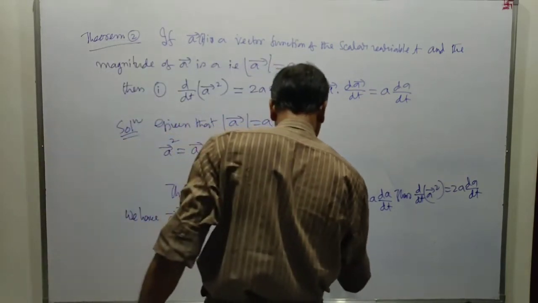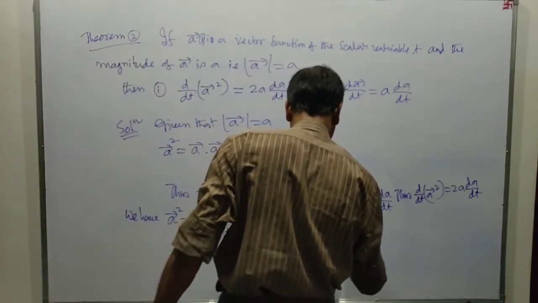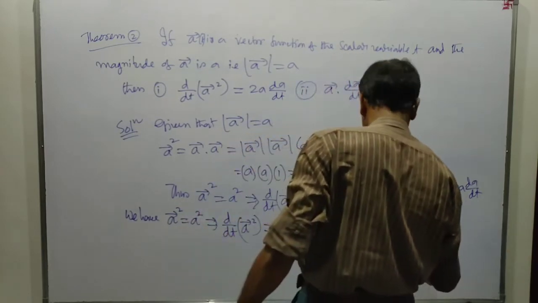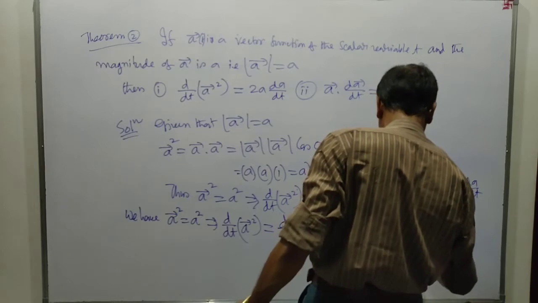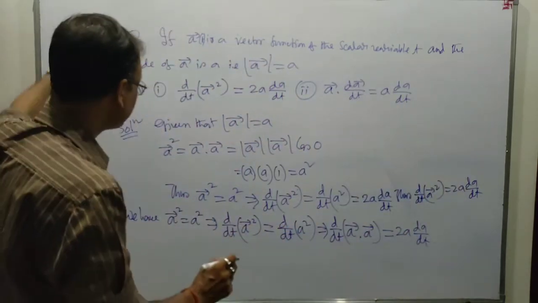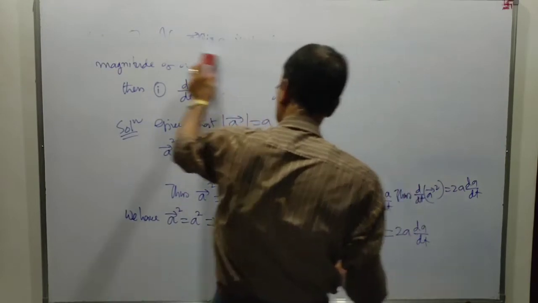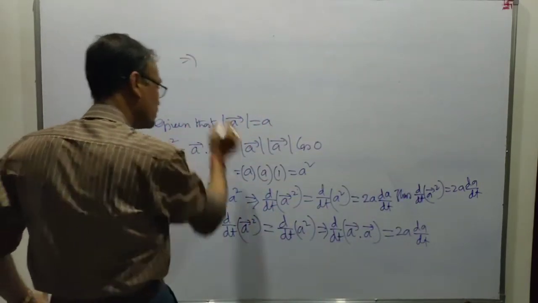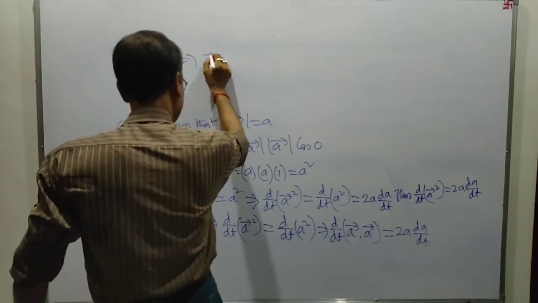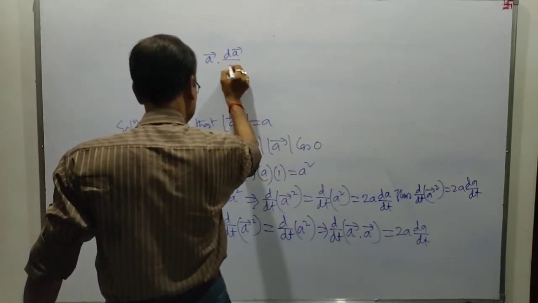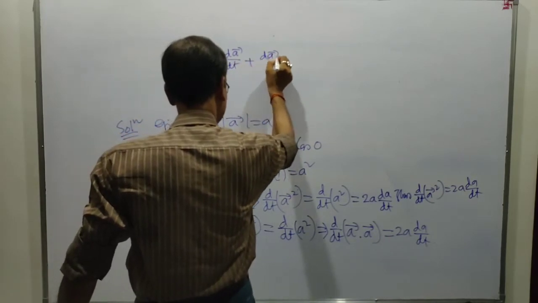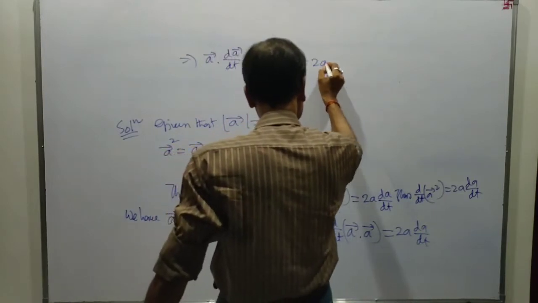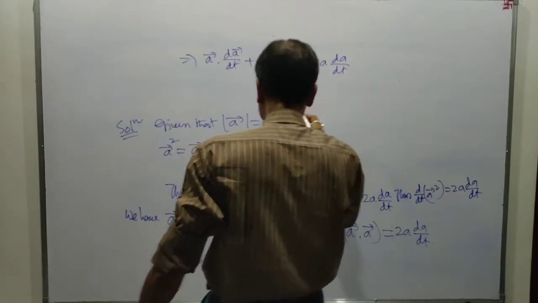This means d dt of A vector dot A vector is equal to twice a dA dt. Let me write like this. From this step, A vector dot dA vector by dt plus dA vector by dt dot A vector. This is equal to twice a dA dt.